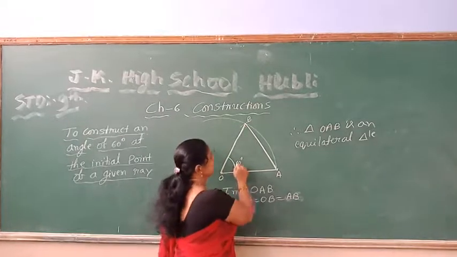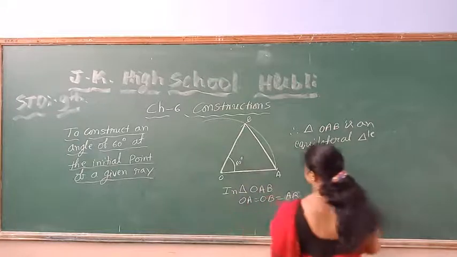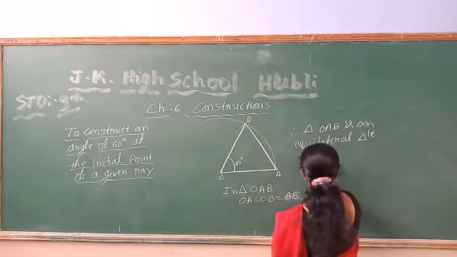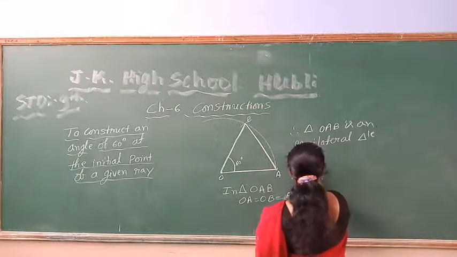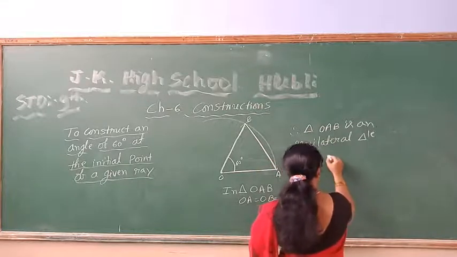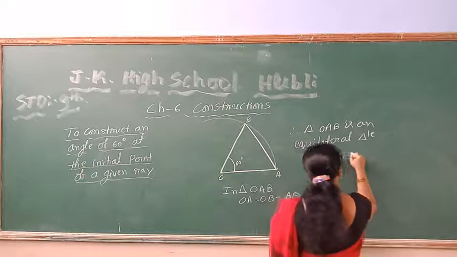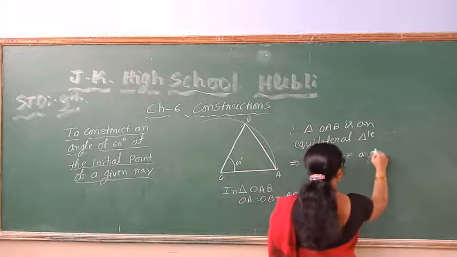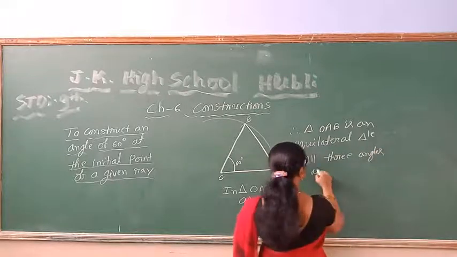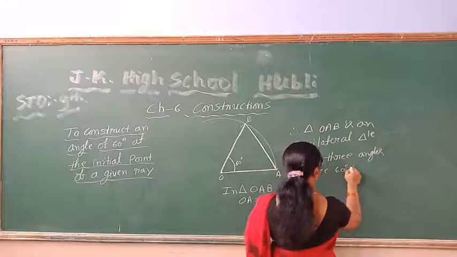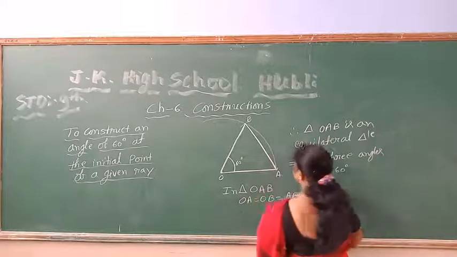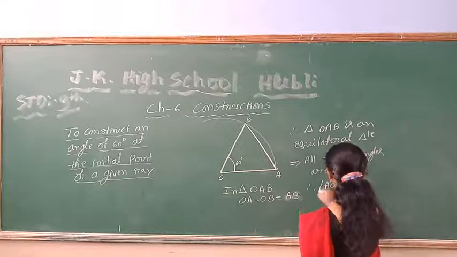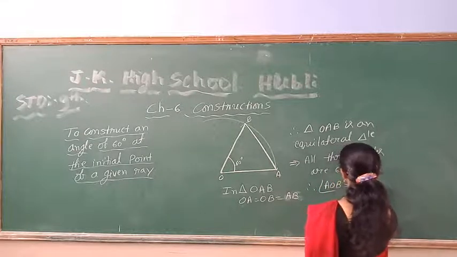So we want to know this angle AOB. It implies all three angles are 60 degrees. Therefore, angle AOB is equal to 60 degree.